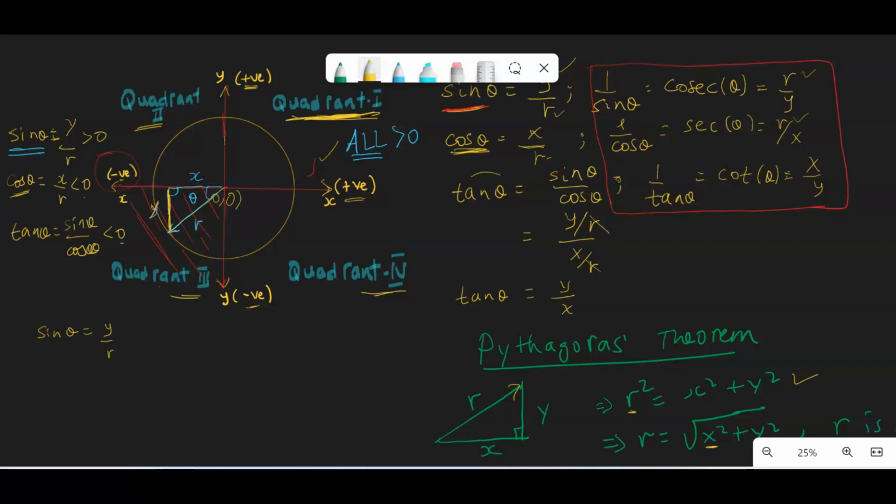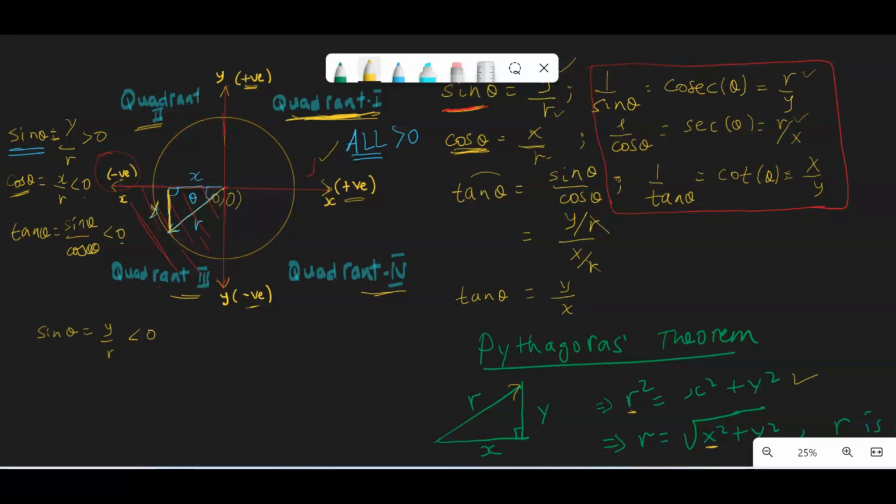Y divided by r. So y is negative, as I said, because it's below the origin. So this value is less than 0. This is true for the reciprocal function cosecant as well. Cosecant is always less than 0 in quadrant 3.